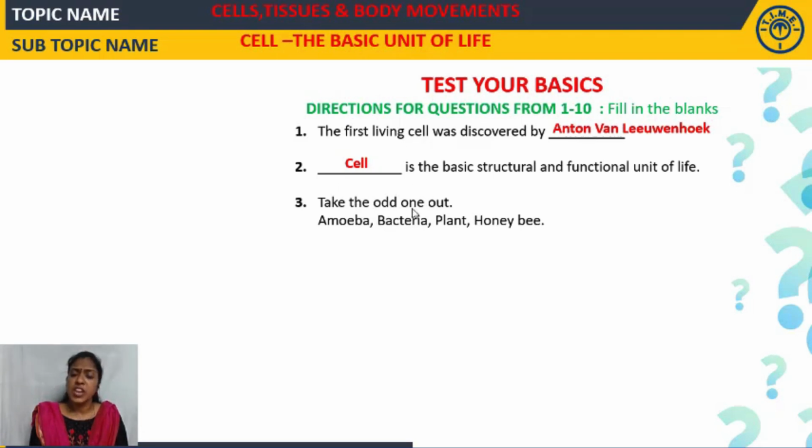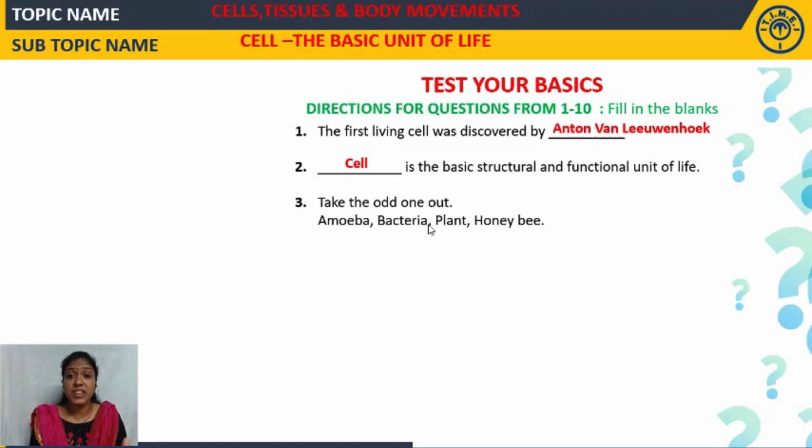So you can check another way: how we can again divide organisms, into prokaryotic and eukaryotic. Is amoeba a prokaryote or a eukaryote? Amoeba is a eukaryotic organism, having a true nucleus and cytoplasm. But bacteria is what kind of organism?